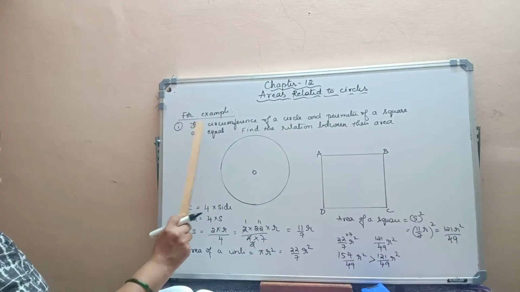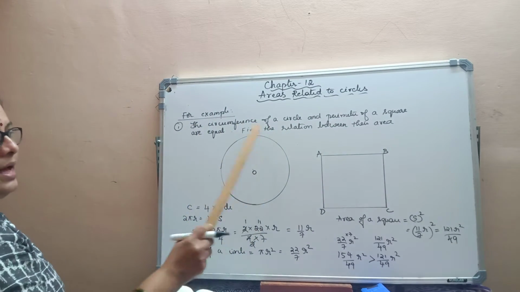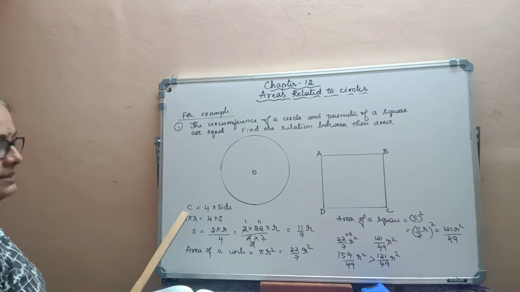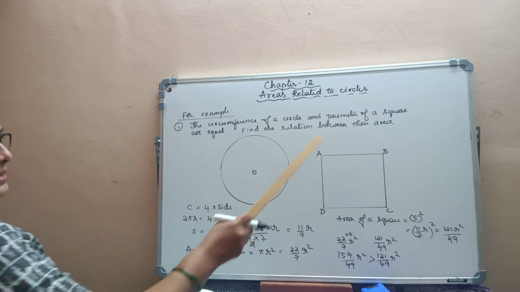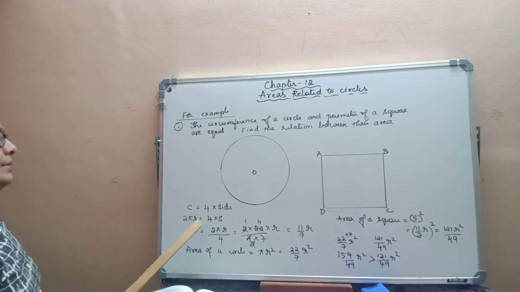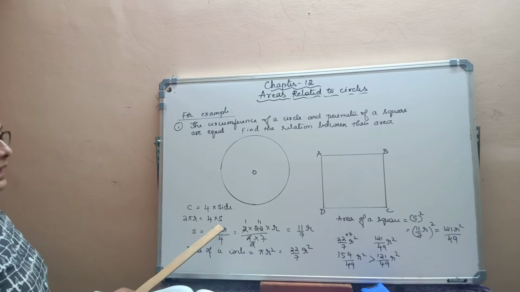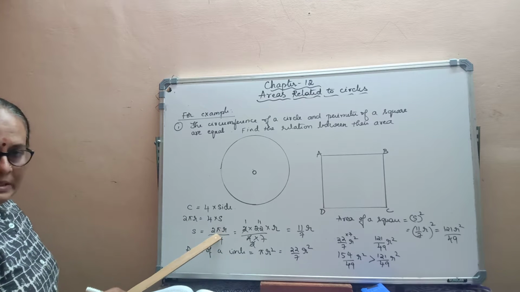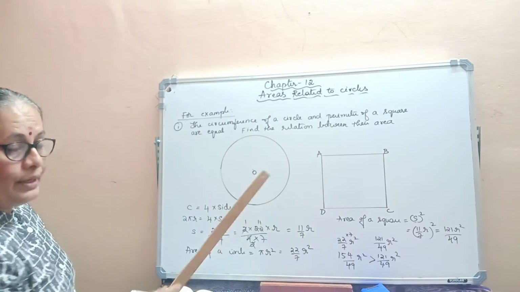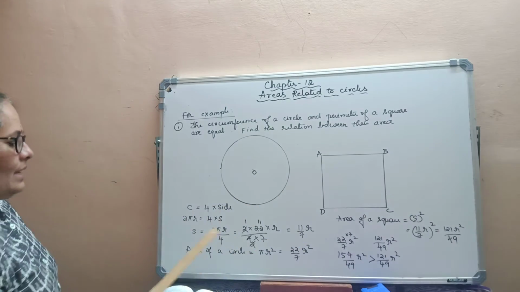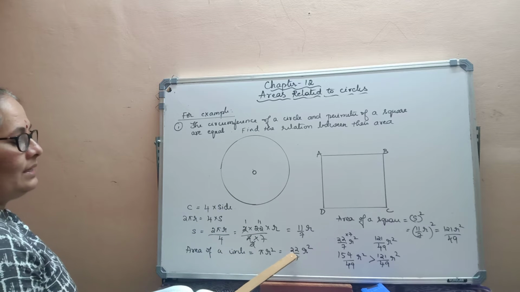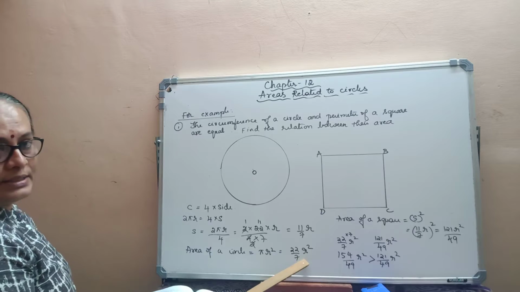The question is the circumference of a circle and perimeter of a square are equal. Circumference is nothing but 2 pi r and the perimeter of a square is 4 into side. So side equals 2 pi r by 4. So pi is 22 by 7. So that side is 11 by 7 r. Now find areas. Area of circle is pi r square, so pi is 22 by 7 into r square.